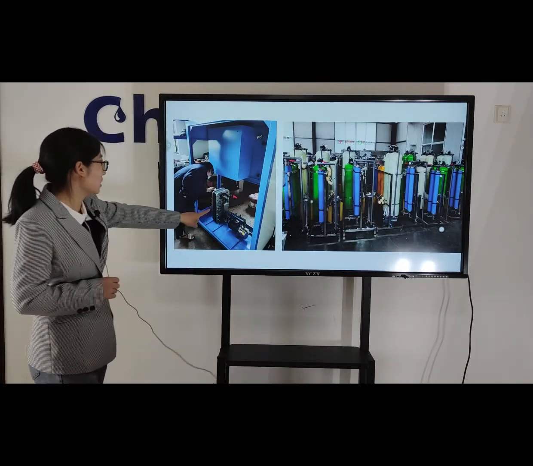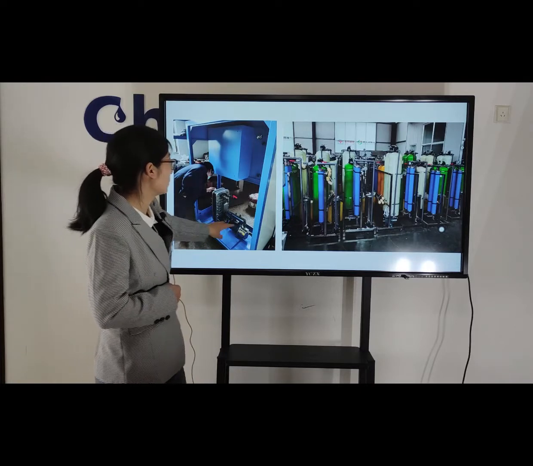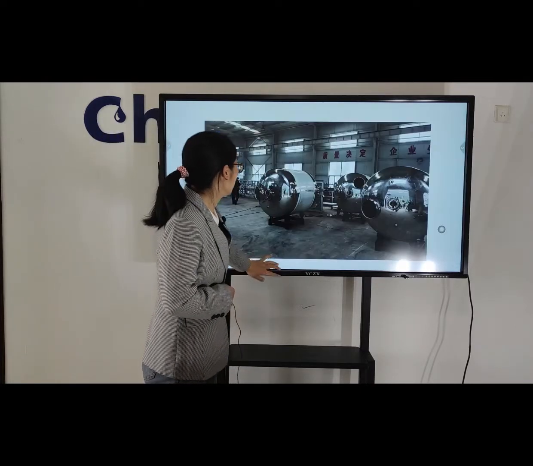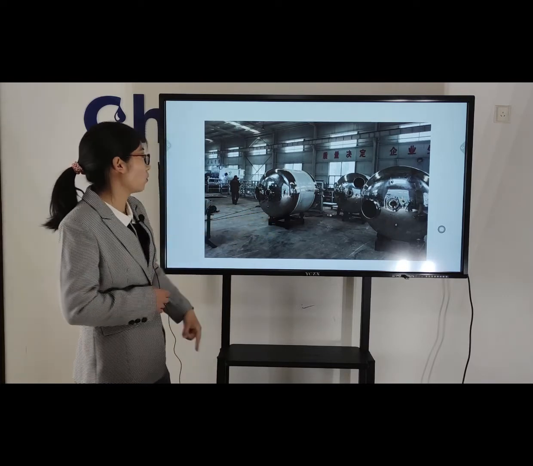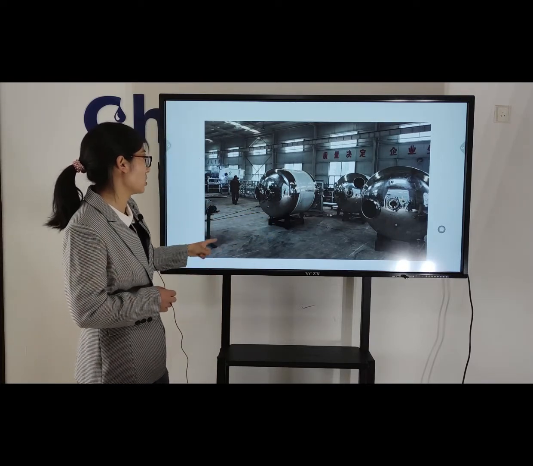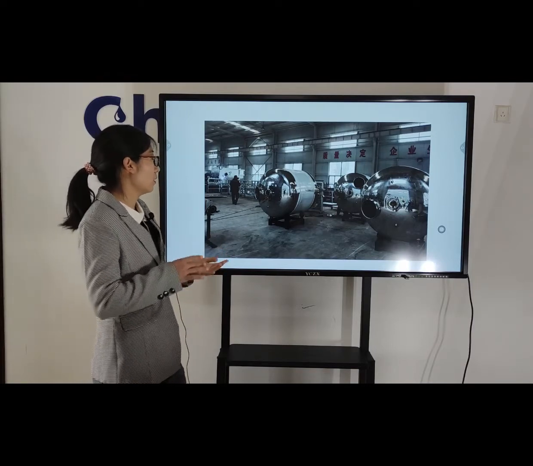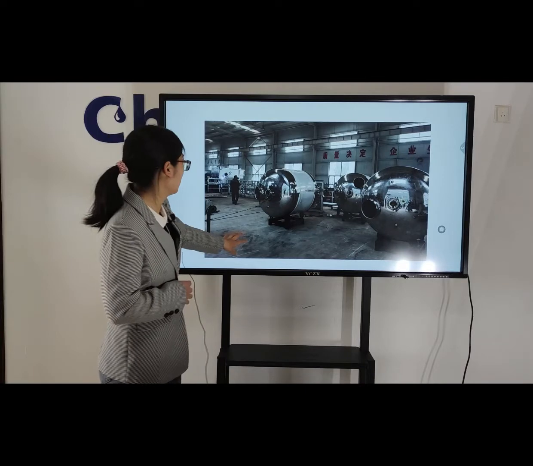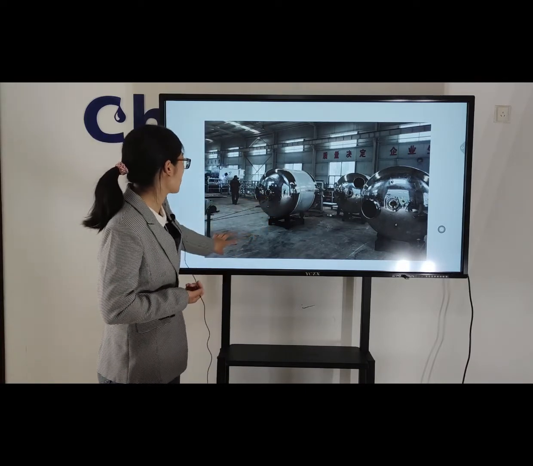Here's the EDI system to get the final pure water. That is the workshop for the storage, the stainless steel tanks to store the water and finished urea solution. There are different volumes.